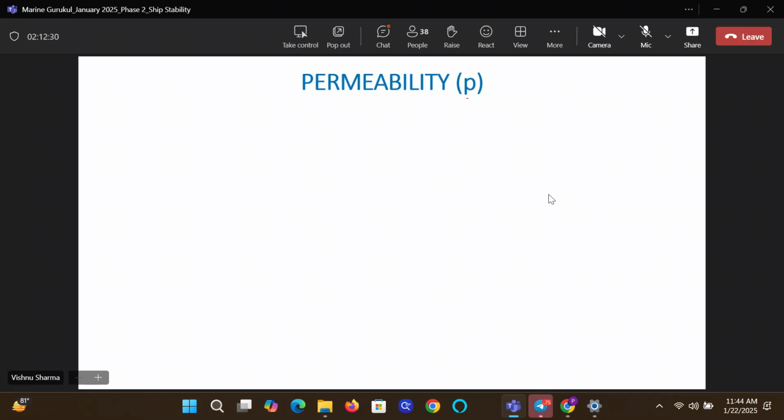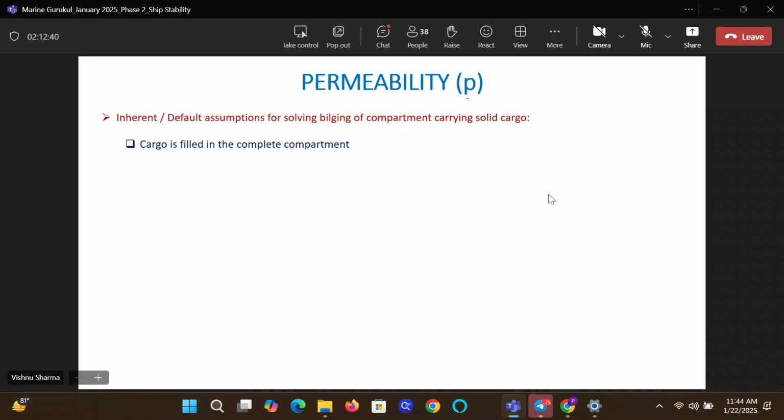And what are those inherent assumptions? Inherent or default assumptions for solving bilging of a compartment carrying solid cargo: Cargo is filled in the complete compartment, that means top to bottom, port to starboard, forward to aft. Complete filling.